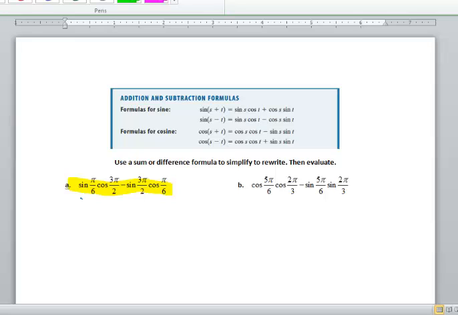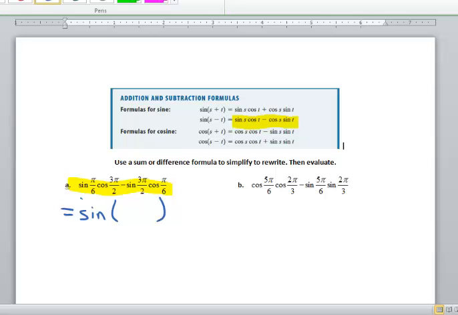It looks very similar to this, where s is being played by pi over 6 and t is being played by 3 pi over 2. So I have something that looks like the right side of the sine of a difference formula. What that means is that this is really the same thing as the sine of s minus t.